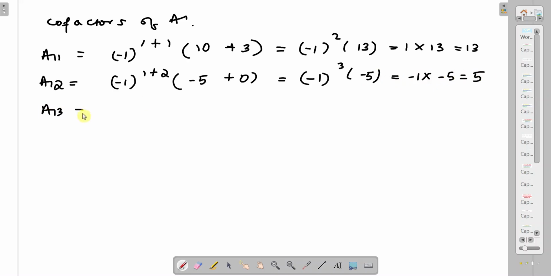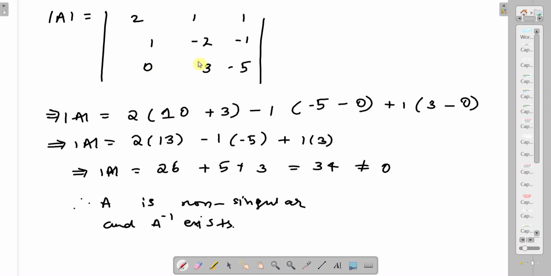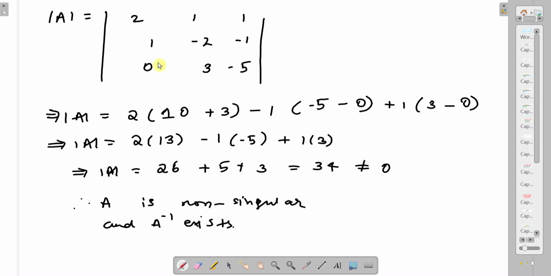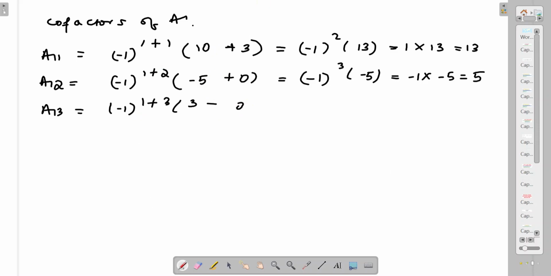Then A13, so minus 1 raised to 1 plus 3. Now we have to hide the first row, third column. So 3 times 1 is 3, minus 0 times minus 2 is 0. This is equal to minus 1 raised to 4 times 3, which is 1 times 3, which is 3.